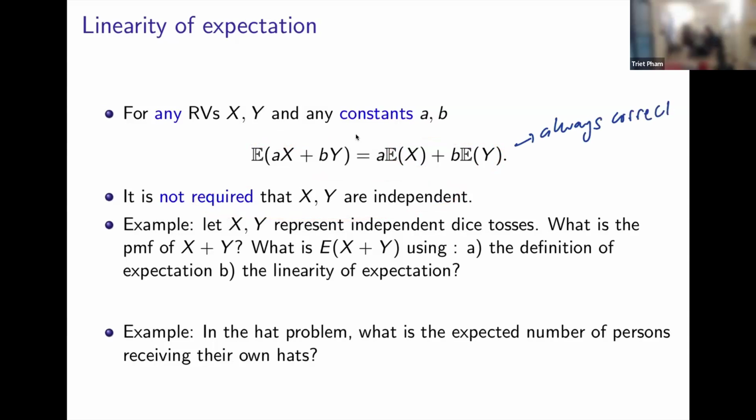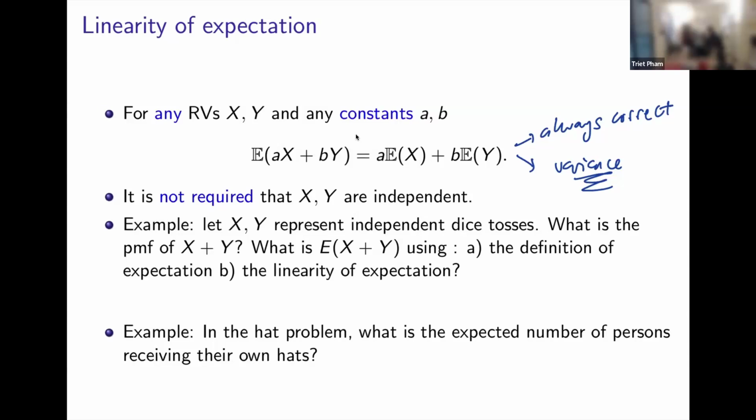And why do you care? Because you have to compare it with variance, which we'll look at next time, where variance doesn't work like this. Variance is not linear. Expectation is linear. And this simplifies a lot of calculations that have to do with sums of expectations.